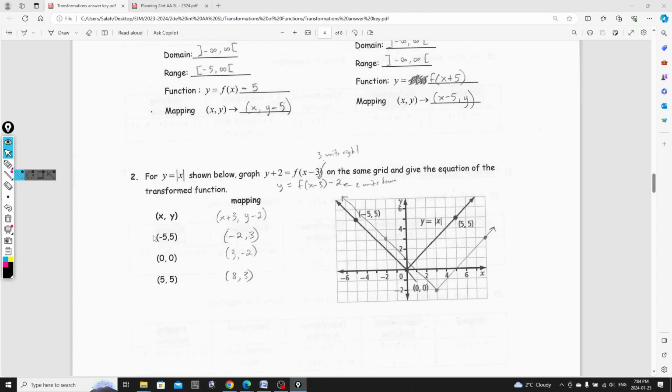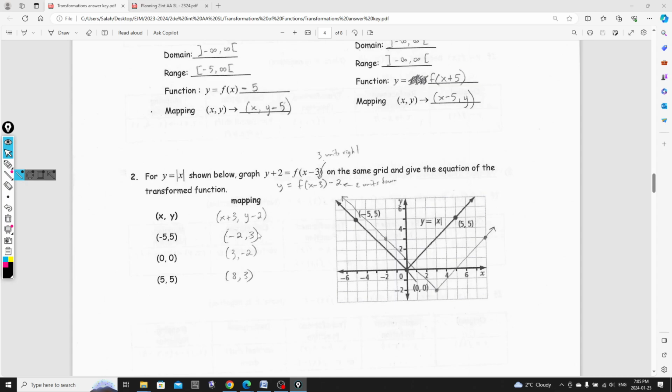Now I can just apply that to all of these points. Well, -5 plus 3 is -2. 5 minus 2 is 3. So this point right here, -2, 3, is the image of -5, 5. So here's -5, 5.